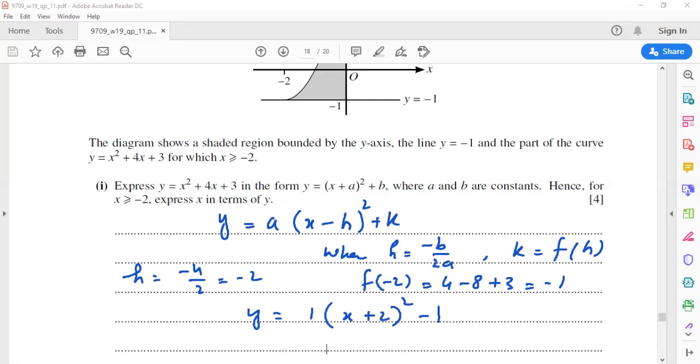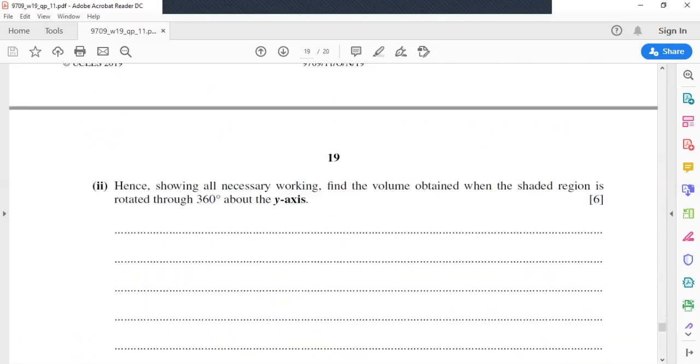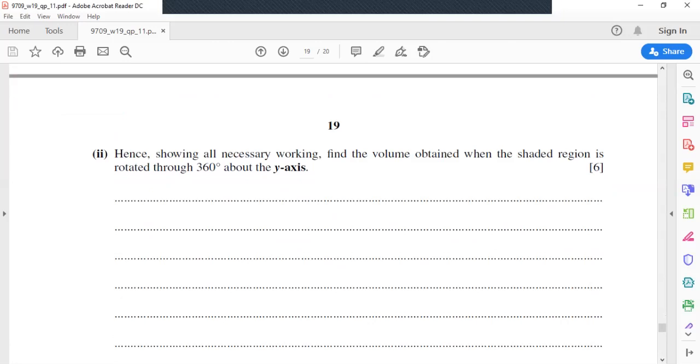And hence for this, express x in terms of y. So if we are looking for x in terms of y, it is the square root of y plus 1, minus 2, is equal to x. This is all about this part. And now the next one. Show all necessary working.